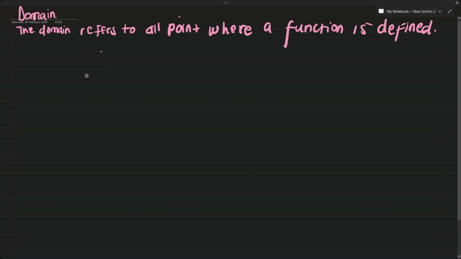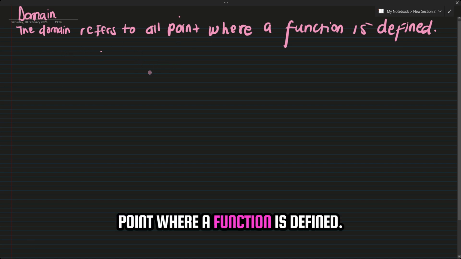Right? So domain refers to all points where a function is defined.